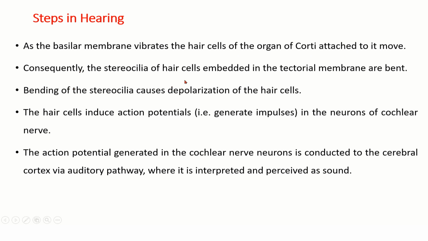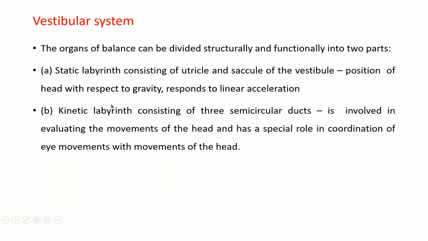Consequently, the stereocilia of the hair cells embedded in the tectorial membrane are bent. Bending of the stereocilia causes depolarization of the hair cells. The hair cells induce action potentials in the neurons of the cochlear nerve. The action potential generated in the cochlear nerve neurons is conducted to the cerebral cortex via the auditory pathway, which I have explained in the earlier diagram, and is interpreted and perceived as sound.